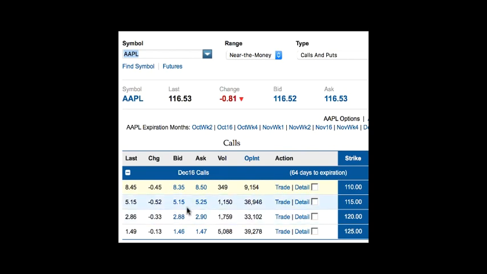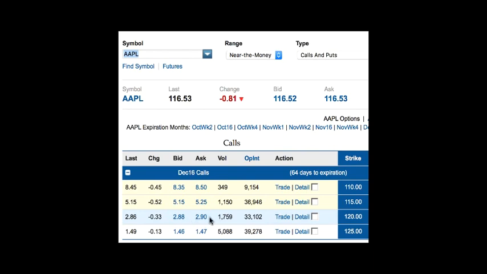So just focus in on the two in the middle. The one that's in the money now, the $115 strike price call, is already going for $525, which you get by that 5.25 times 100 shares. The one that's next, that's just out of the money, is this $120 strike price, and that's just $2.90, or $290 for the full cost of the contract.